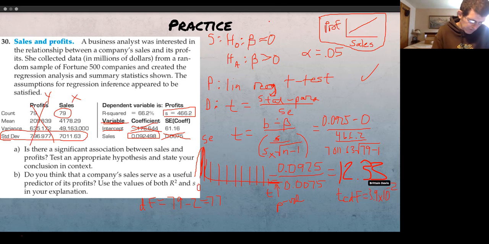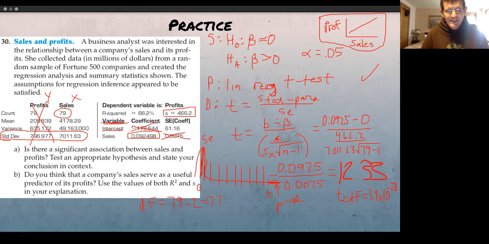I don't think we've had a smaller one. I don't think we've ever had a t score, any test statistic that big with a p-value that small. So that's obviously statistically significant.